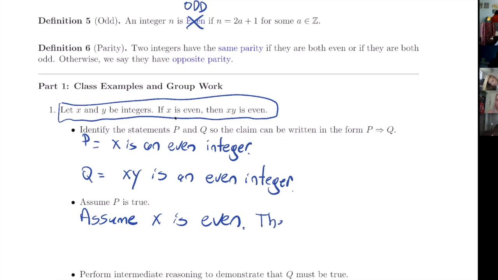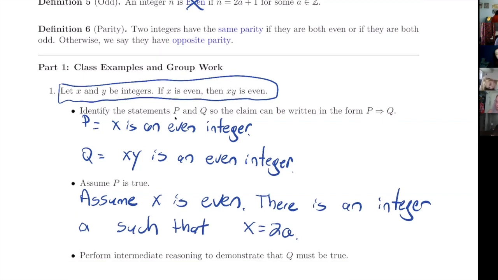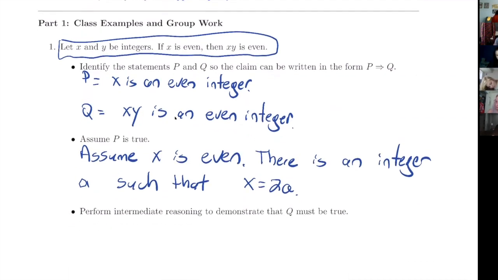So this means that there is an integer a such that x is equal to 2 times a. That's our starting point in this proof. And as I'm stating things, let's be really careful to write in complete sentences as well.